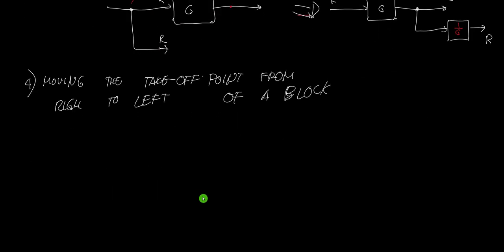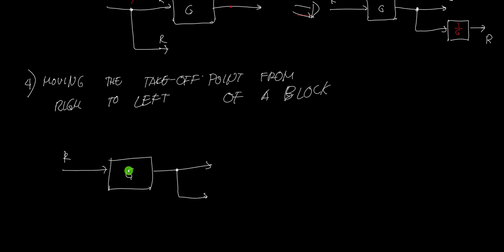In this case, we have a transfer function or block here, and originally our takeoff point is somewhere here. Then we have another signal that's going here.